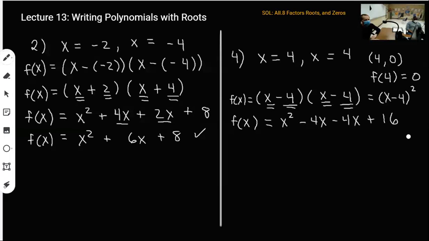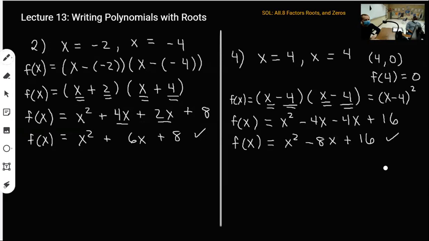So now the last thing that I have to do is combine my minus 4x and the minus 4x. And when you put two negative numbers together, you're still going to get a negative number. I get x squared minus 8x plus 16. And I'm done. So that is the polynomial that I'm looking for.